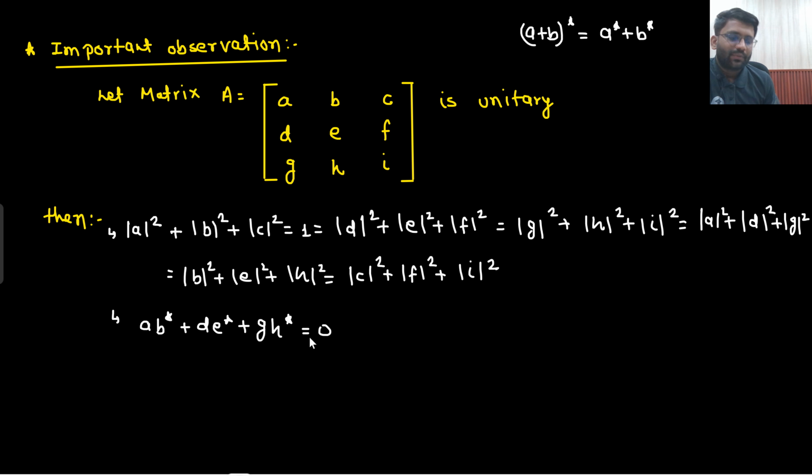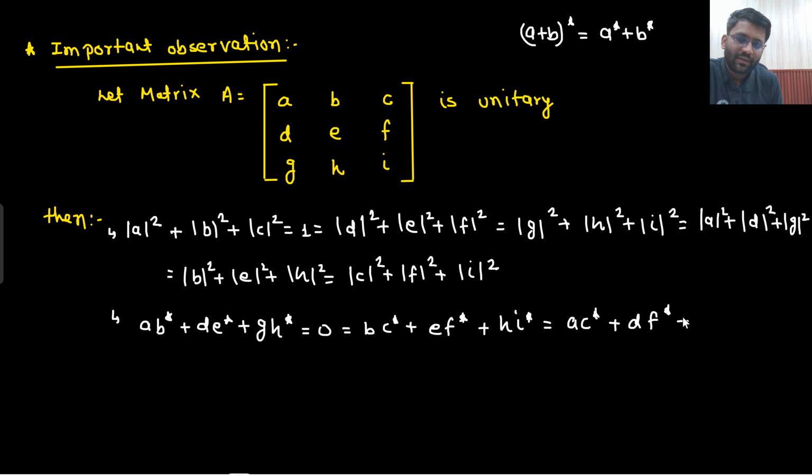This will come out to be 0. Similarly, other things as well. b into c conjugate plus e into f conjugate plus h into i conjugate. Similarly, a into c conjugate plus d into f conjugate plus g into i conjugate.